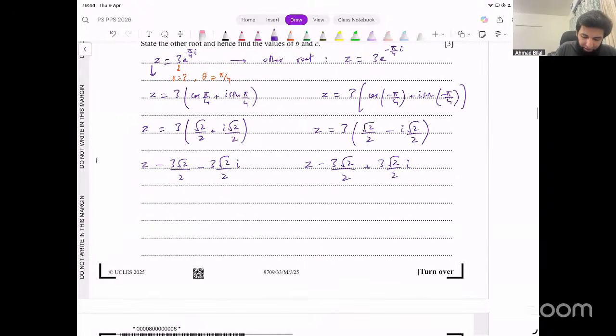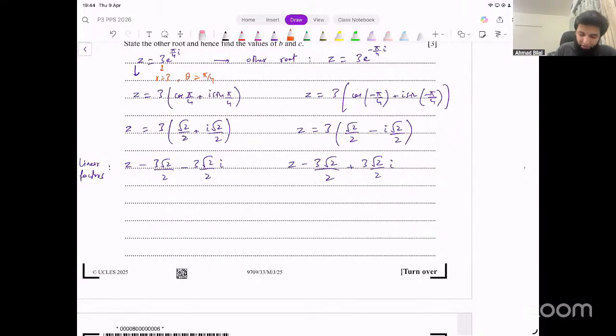These are linear factors. Let me write that down here. You could think of this thing as A and this is B. So this is A minus B. This is A and this is B. This is A plus B. A minus B into A plus B, that becomes A squared minus B squared.